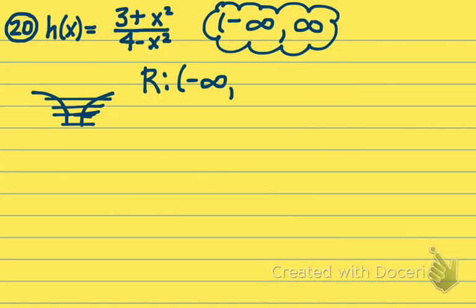Well, if you look back in your packet or if you read through the section as I would hope you would have, you remember that we talked about horizontal asymptotes occurring like this. If you look at this one, here's the x-axis, and at the bottom you see these two pieces that look something like this.